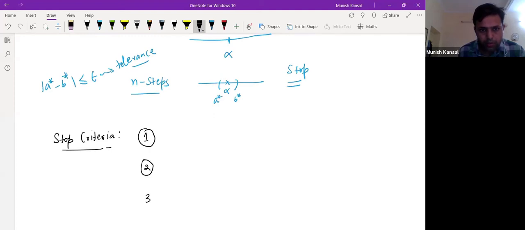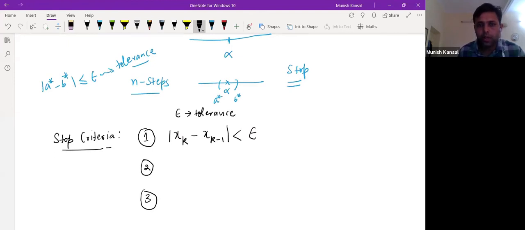The first stopping criterion is that you take the difference of two consecutive approximations. When this is less than the tolerance, where epsilon is your tolerance value, then we stop the iteration process.